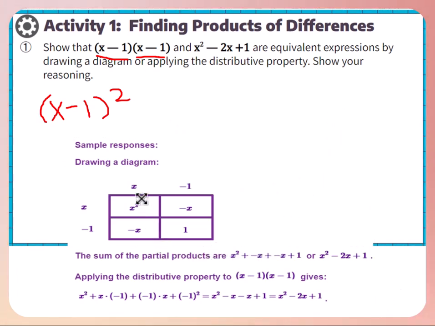Okay, the sum of the partial products, x times x is x squared, -1 times x is -x, x times -1 is -x, and -1 times -1 is +1. These two numbers are going to add together. -x plus -x, we've got two negative x's, or -2x. First term is here, x squared. The last term is here, 1. If you apply the distributive property, which is first outer inner last, a shortcut acronym, it's going to give us the same thing.